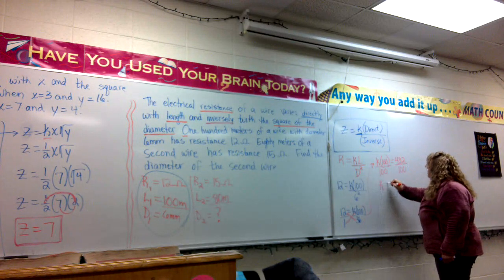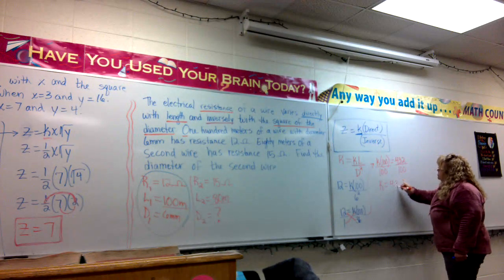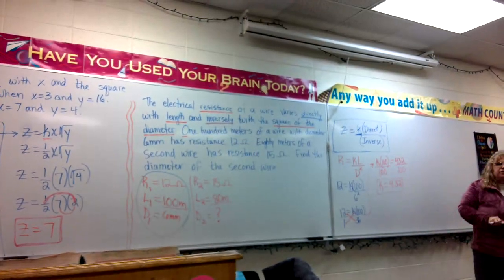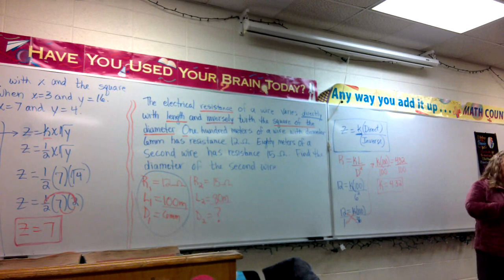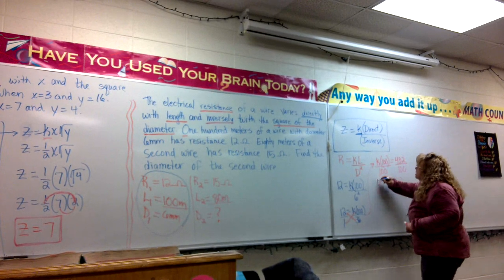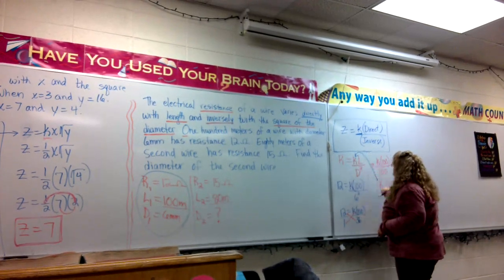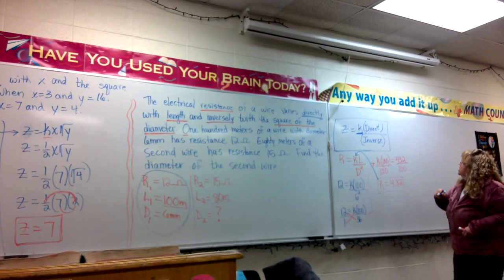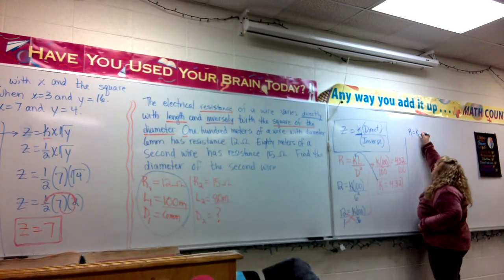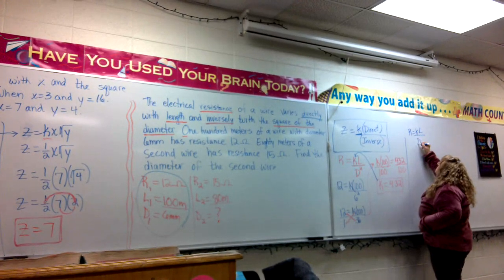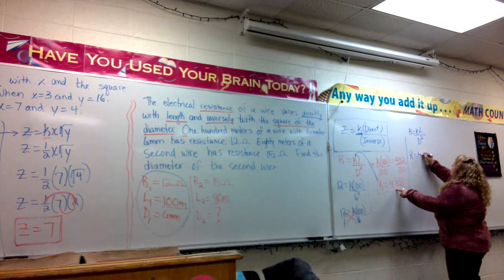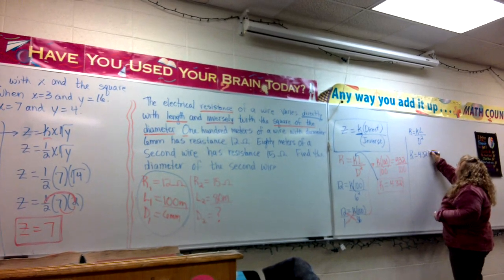So I get a K value of, it seems kind of weird, but I'm pretty sure it's right. K is 4.32. So remember from over there, once you get the K, you have to plug it back into your equation right here, right? So if my equation is R equals K L over D squared, I just figured out that K was 4.32.